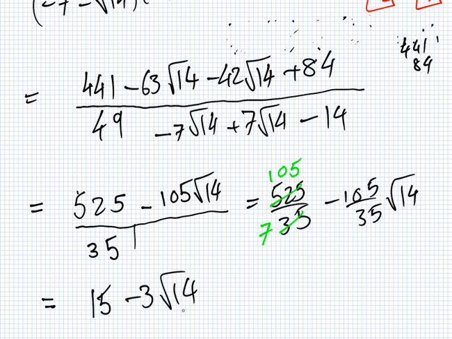Okay, so let's multiply the top. That would be 20 plus 10 root 3 minus 14 root 3 minus 21.